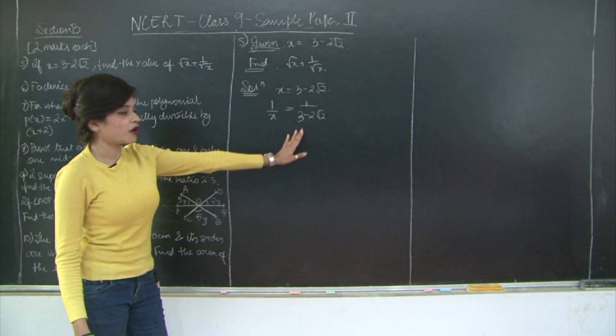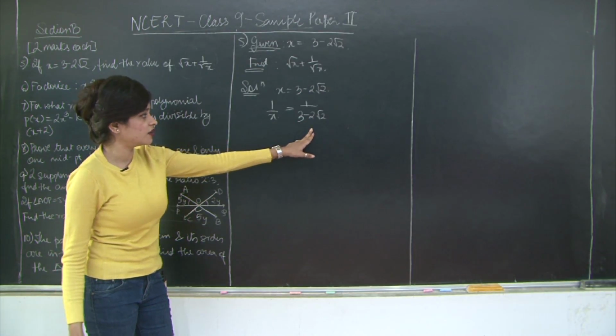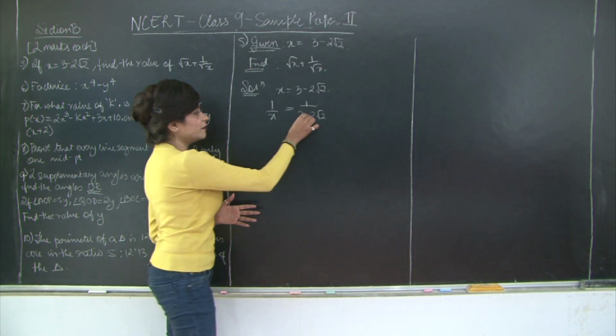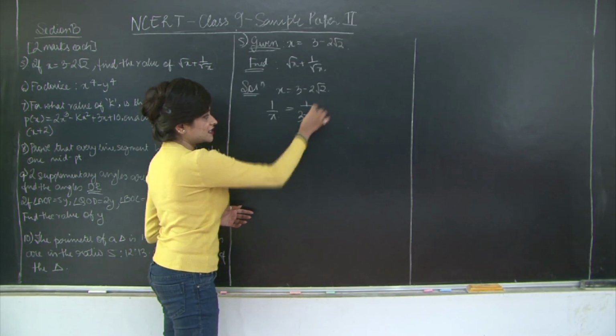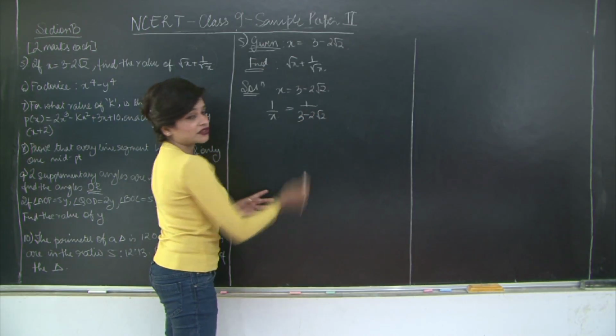But does this look like a proper number? No, it doesn't. So what we do is we rationalize the denominator. So how does rationalization happen? You multiply and divide this term by the same term but with a difference in sign.